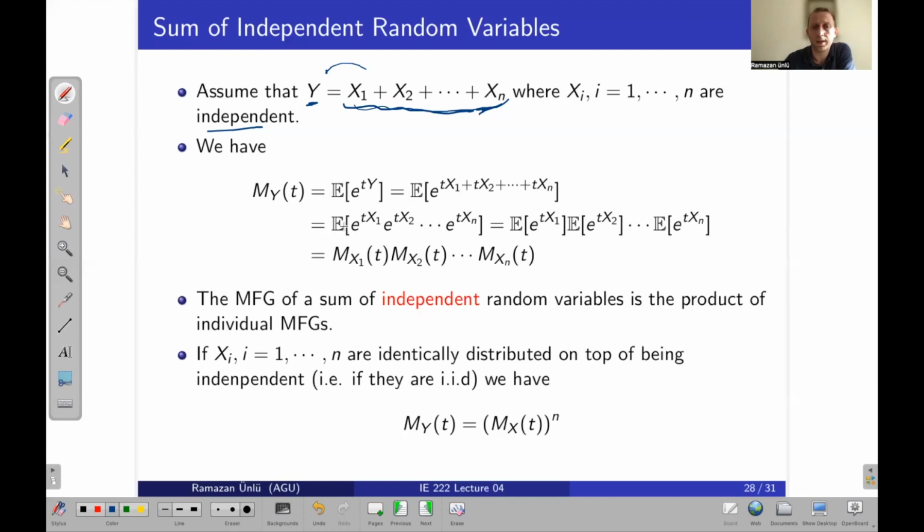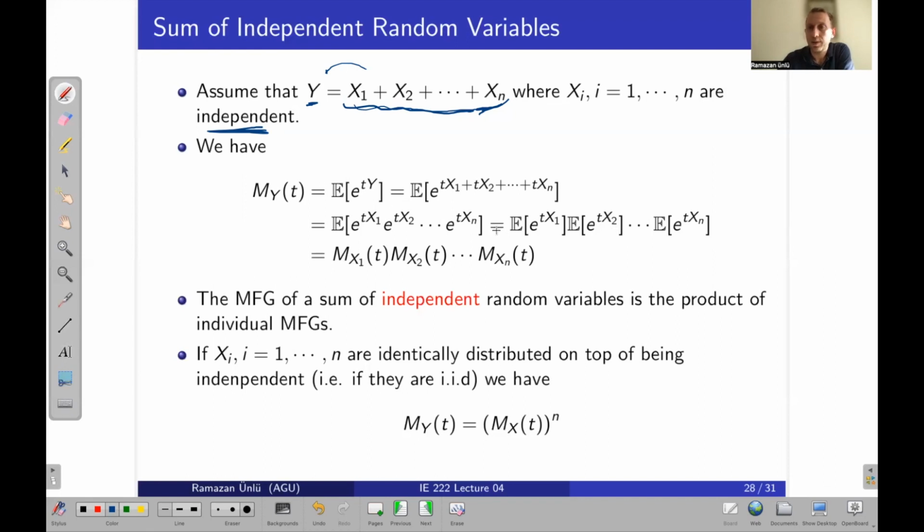So that will be the expected value of e to the tX1 times e to the tX2 times e to the tX3 until e to the tXn. Because these random variables are independent, I can write this as the expected value of e to the tX1 times the expected value of e to the tX2.